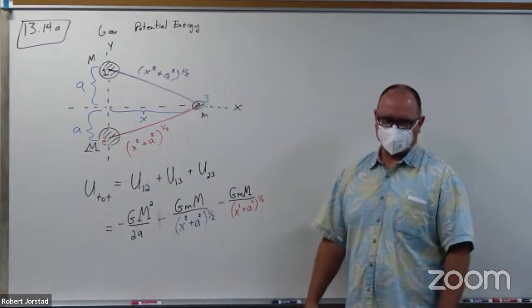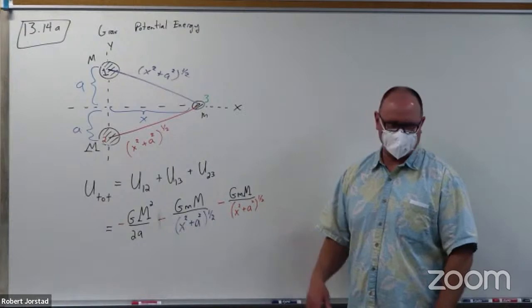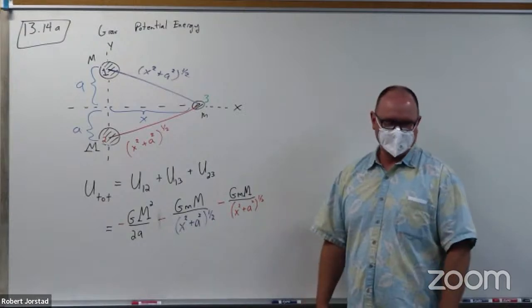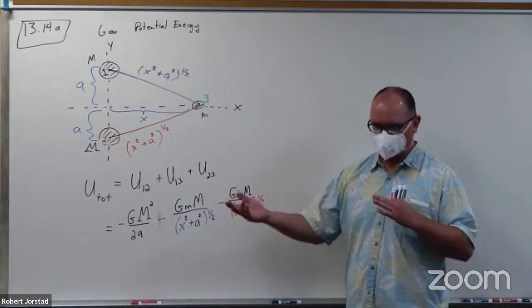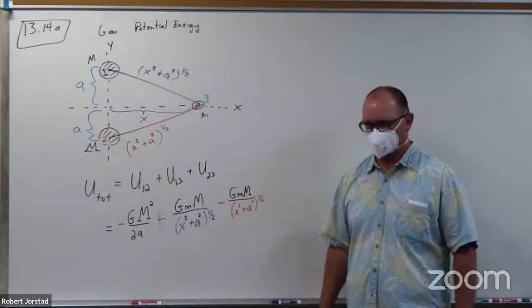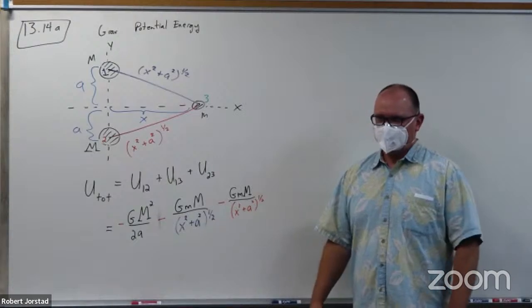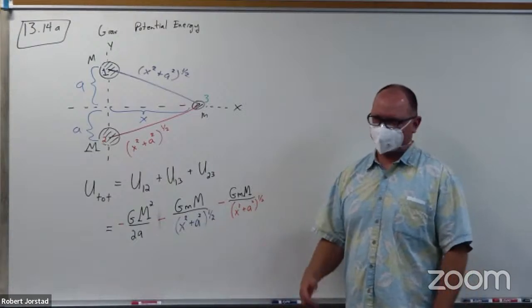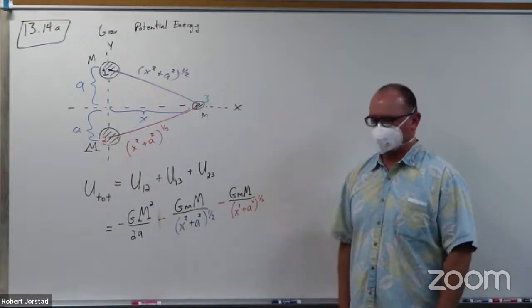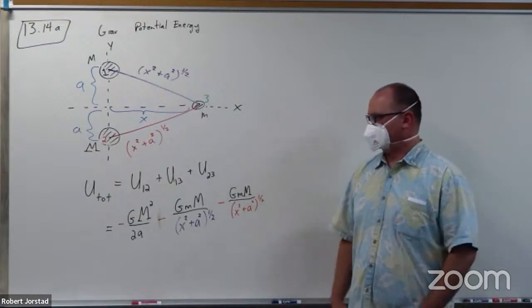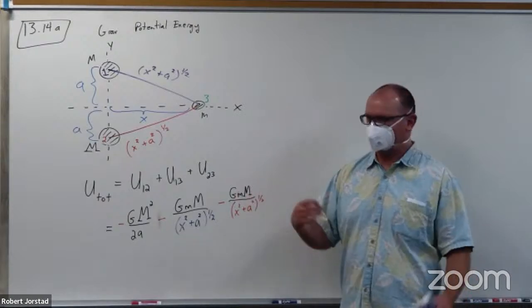So on a test question, I love to ask you a force question and an energy equation question. That way I can see if you remember the squareds and the minus signs, or the not squareds and the not minus signs, etc. You know what I'm saying? So you could totally expect a 3-mass system on your final exam. I got 3 masses on some weird grid, and you got to calculate the force and the potential energy and crank it out.